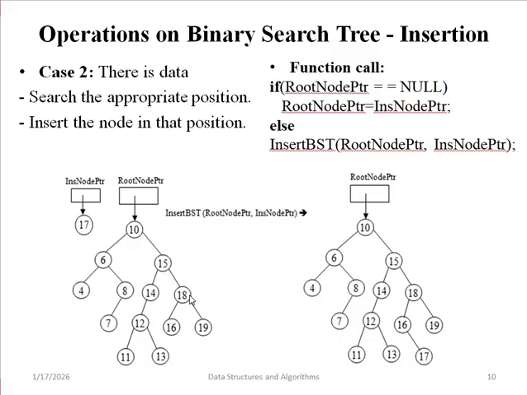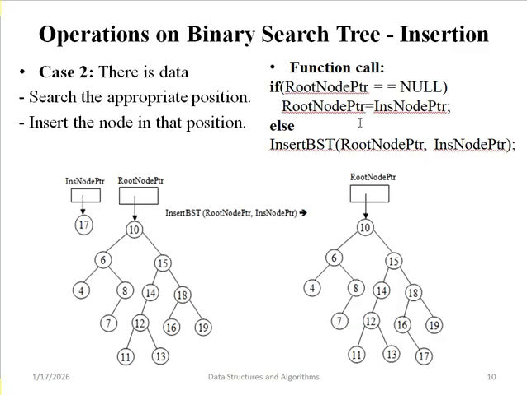It is less than, so we take the left. It is greater than, so we take the right of 16. So the right of 16 is where it is added. In this way we can add a new node into the binary search tree by searching for its appropriate position.